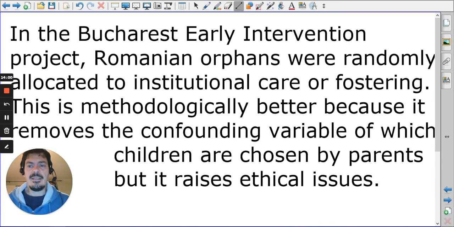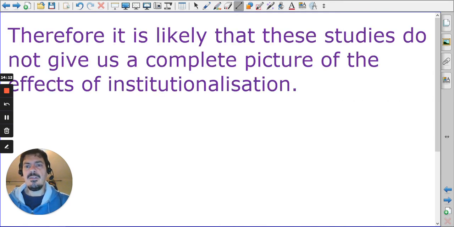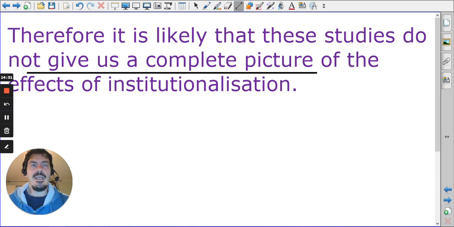And of course, that then negates my concern about the Rutter problem. But as I said, it does raise some ethical issues. But the key is that both of these particular studies do seem to give some indication of very similar outcomes. But of course, what we can also then say is that even though they are helpful studies that we can learn from, they don't give us a complete picture of what actually does go on and what the effects of institutionalization are.